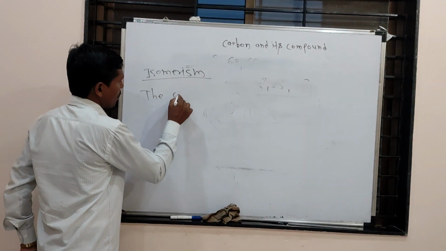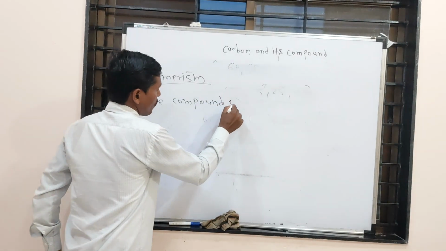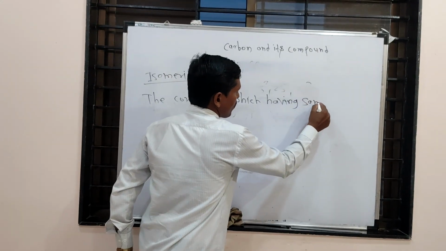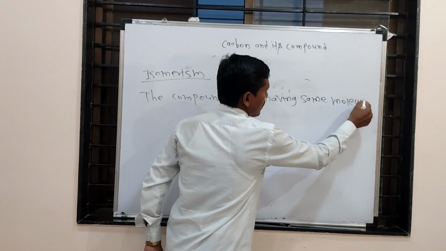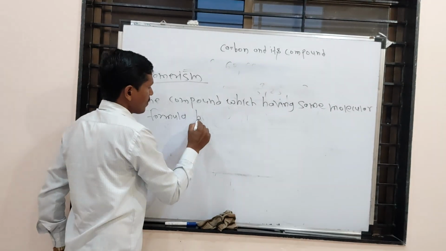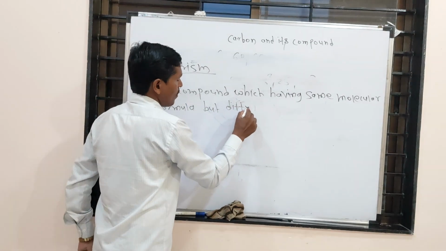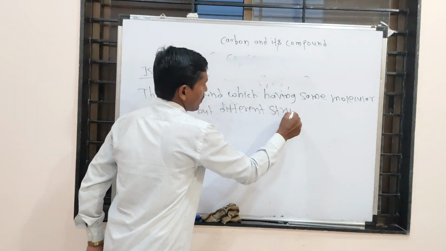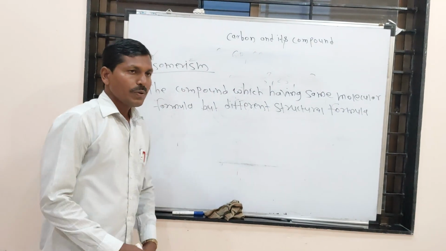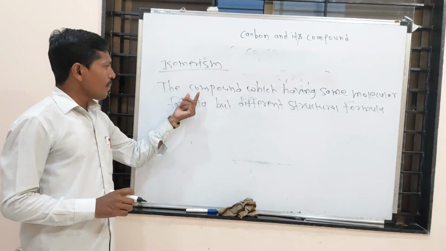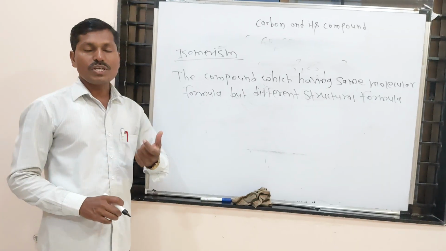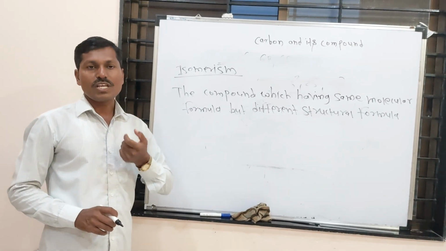The compounds which have the same molecular formula but different structural formulas are called isomers of each other, and this concept is known as isomerism.